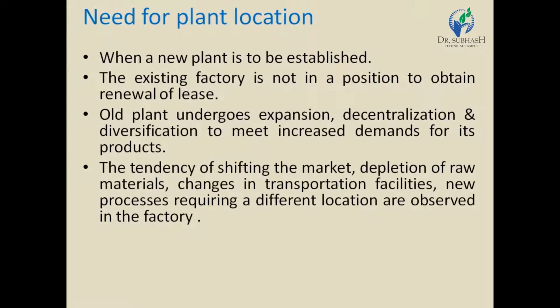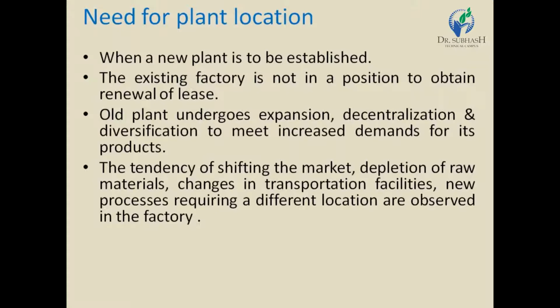Then the fourth point, the tendency of shifting the market, depletion of raw materials, changes in transport facilities, new processes requiring different locations are observed in the factory. So the market scenario is changing. As we know that market is always changing, so in order to remain competitive with the market, one must be able to maintain all the standards and trends that are going on in the market.